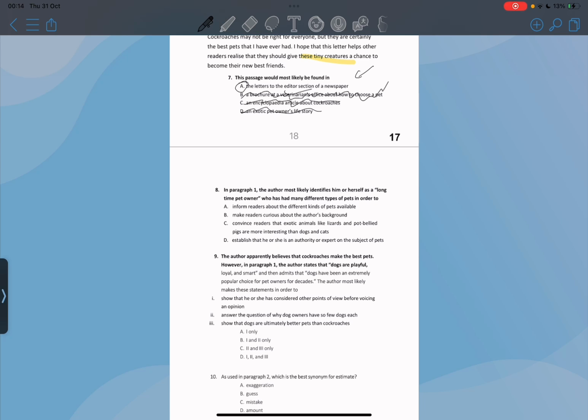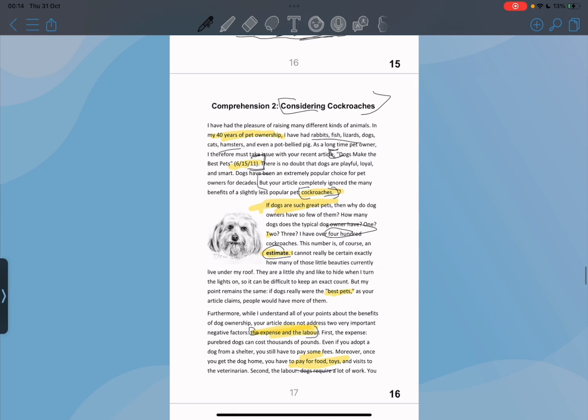Okay, question 8. In paragraph 1, the author most likely identifies himself as a long-time pet owner who has had many different types of pets in order to do what? He does this right here, and what he's doing is building social proof. This means he's reinforcing his argument because he's owned all of these different pets.